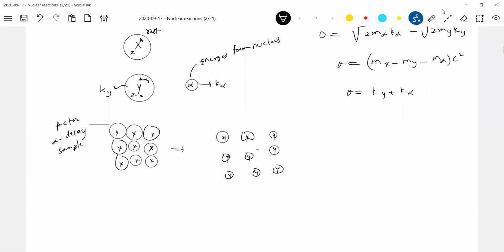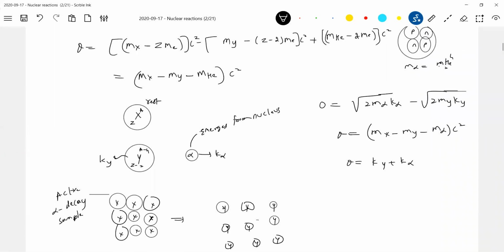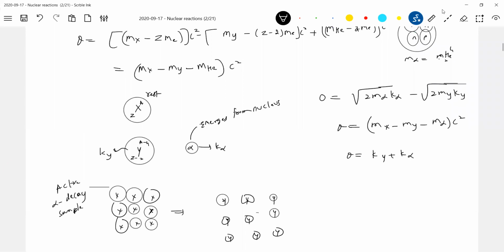Will all alpha particles have the same energy, or different alpha particles different energy? I'll take an active alpha decay sample, then let it undergo alpha decay, then we'll get the parent, the daughter, and alpha particles, no? Around 9 alpha particles. What is the kinetic energy of all those 9 alpha particles?